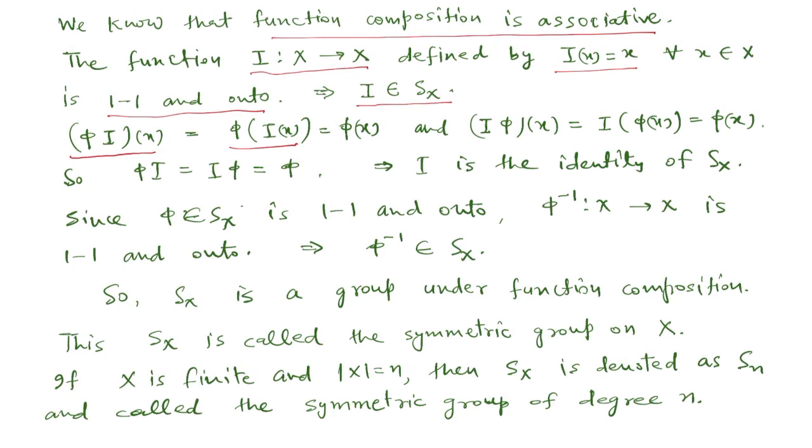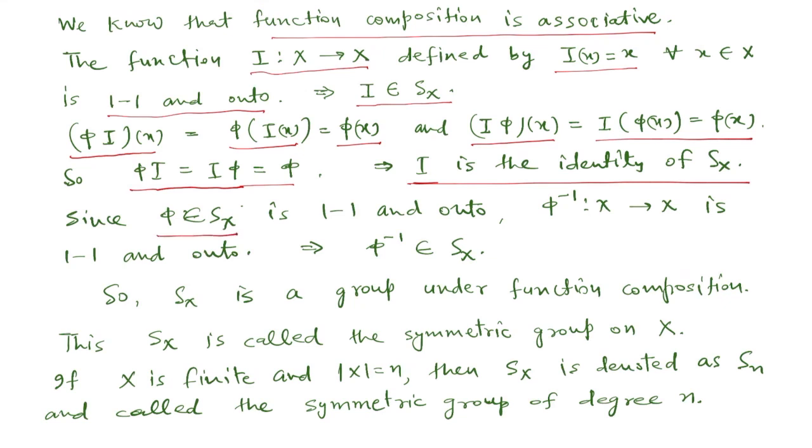I of x is simply x, so it becomes phi of x, and I phi of x is also phi of x. This is true for all x. So phi I and I phi are equal to phi. So I is the identity of Sx.